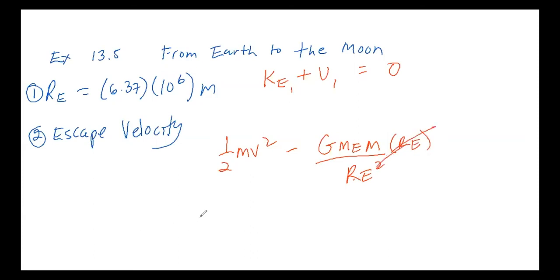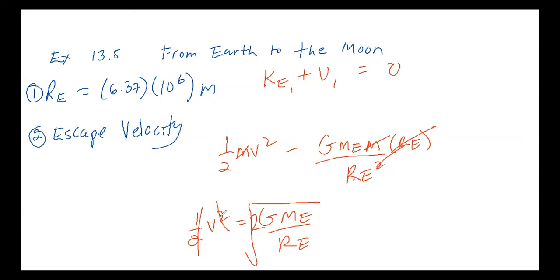But anyway, so we're going to take these guys out. And we'll get 1/2 v squared equals G, mass of the earth, over radius of the earth. And we'll put a 2 there, and we'll go under the radical. That'll cross out, and that'll cross out. And that's what that'll equal.